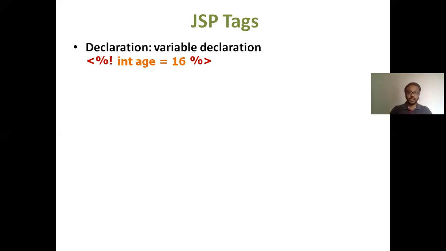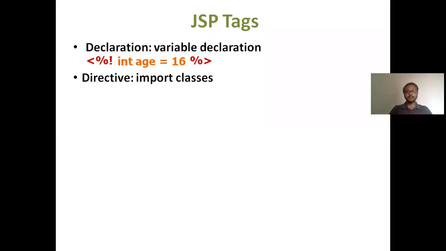This statement is written as in Java or any other programming language. This statement has to be embedded inside the JSP declaration tag mentioned in red color. If I want to declare a variable, that variable has to be specified between the opening tag and the closing tag of the JSP declaration. This is the JSP tag used for declaring as well as initializing a variable.